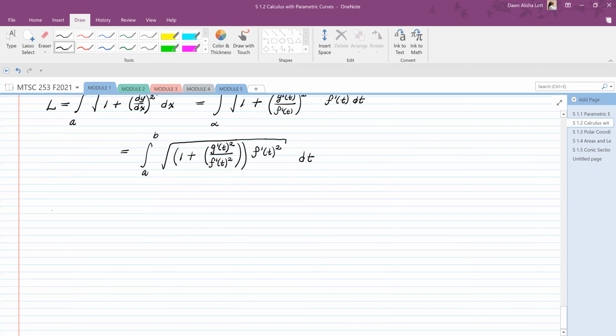So now I get that the arc length is the integral from alpha to beta of the square root of f prime of t squared plus g prime of t squared, and then that's going to leave me dt.